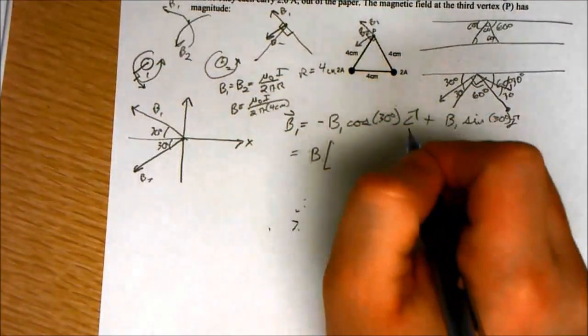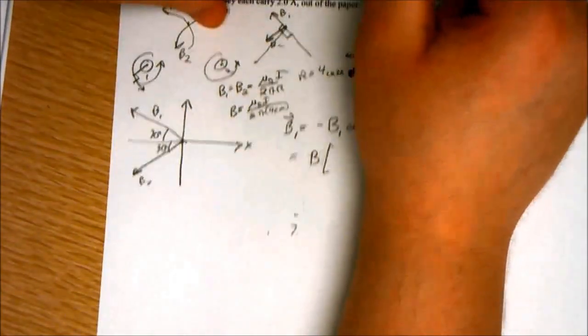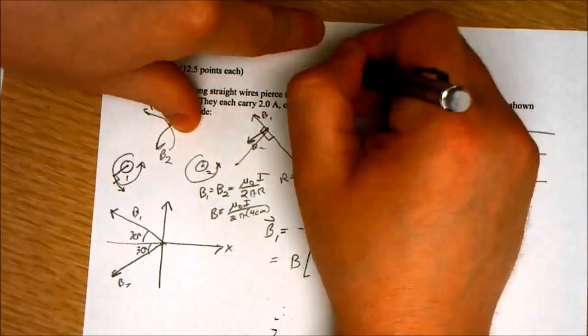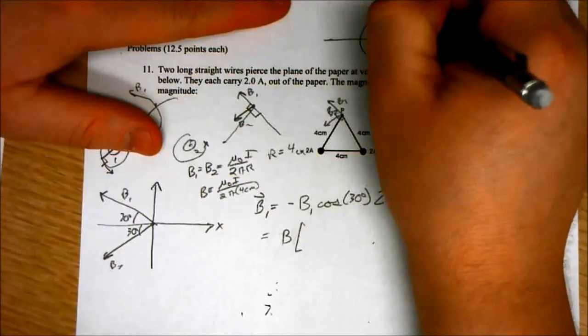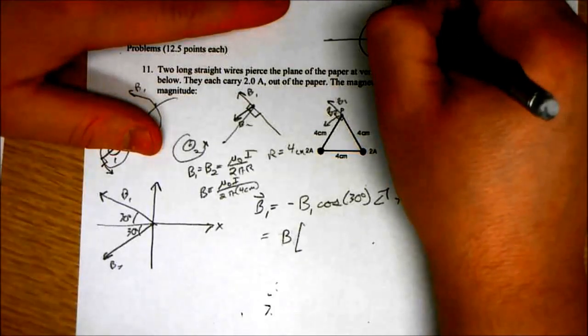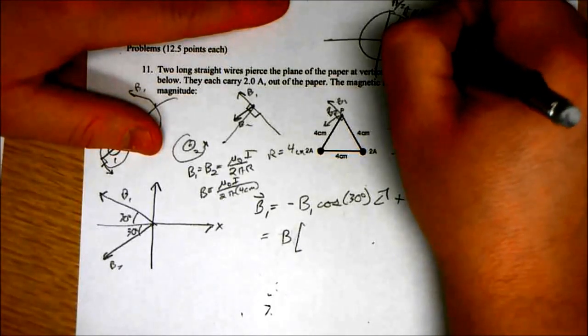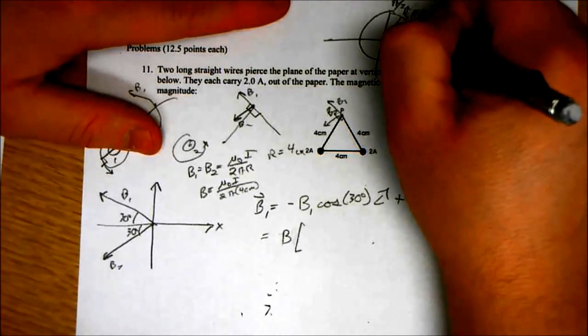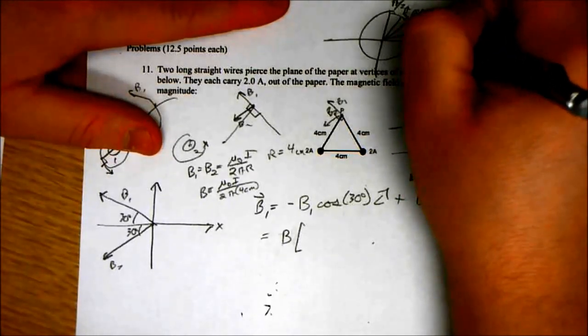So negative cosine of 30, well, if you remember your unit circle, you've got pi over 2 up here, pi over 4 down there, pi over 3, and this is pi over 6, and that equals 30 degrees.